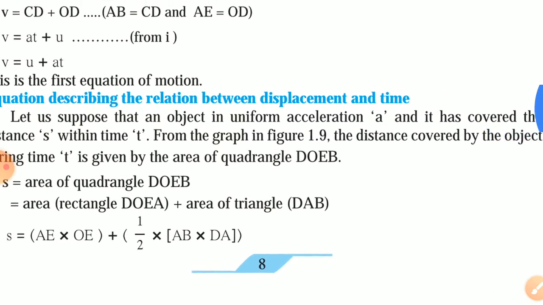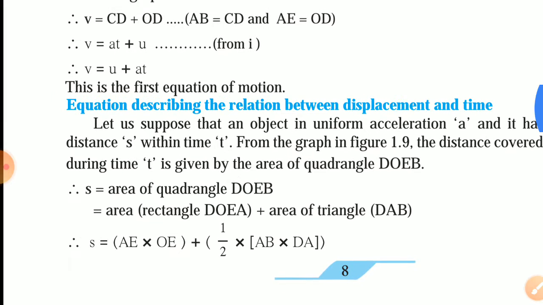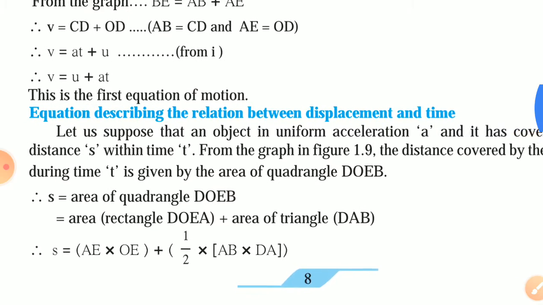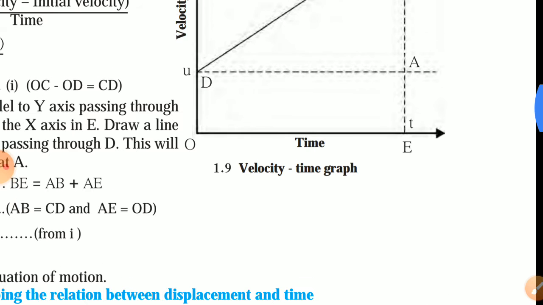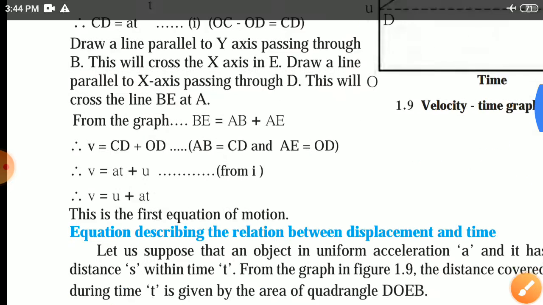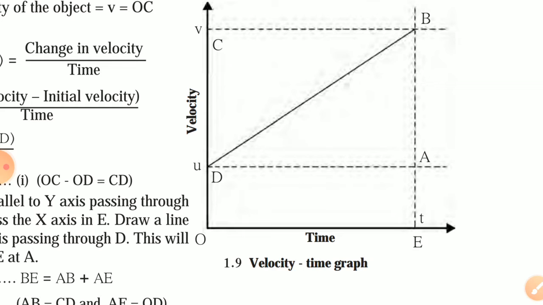From graph 1.9, the distance covered by the object during the time t is given by the area of quadrangle DOAB.